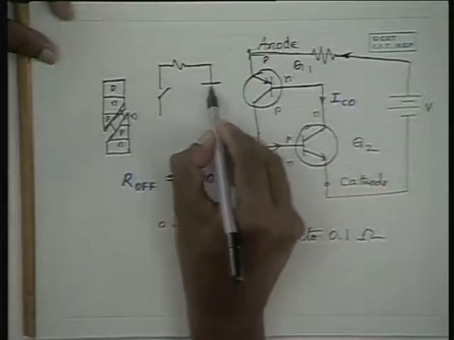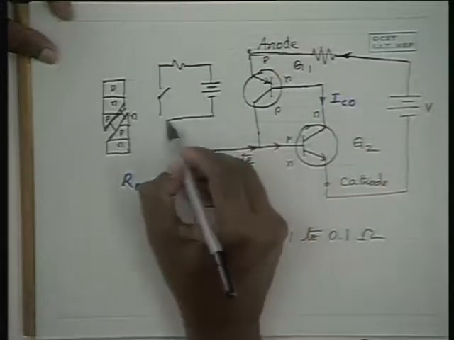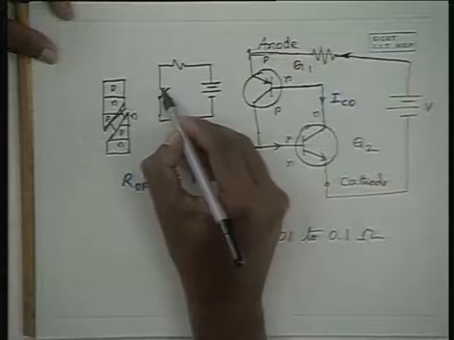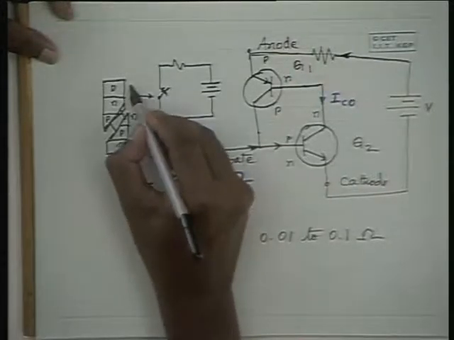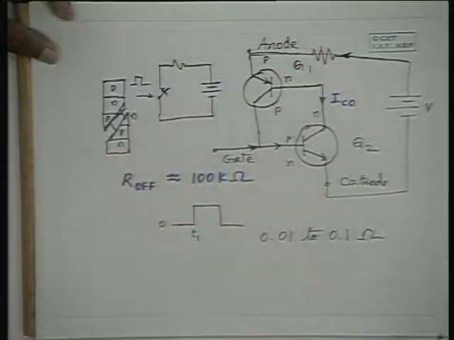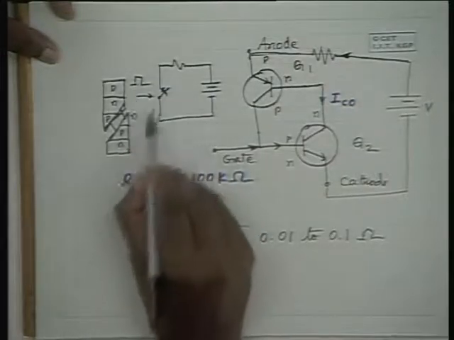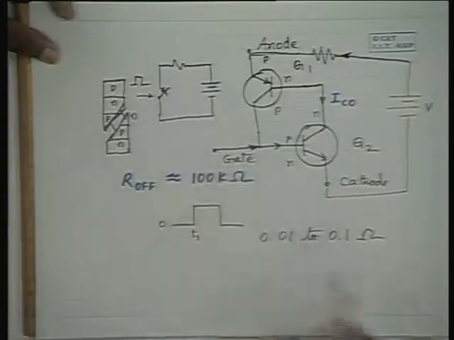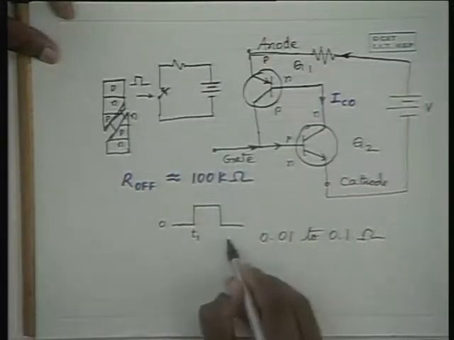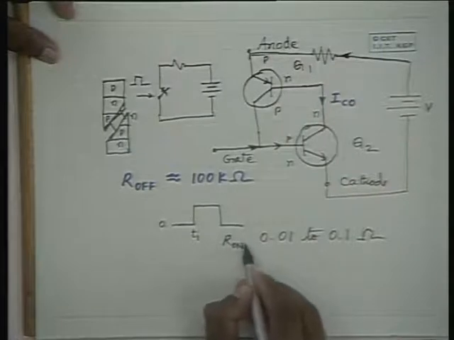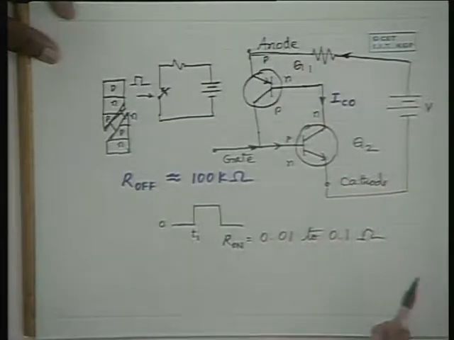The circuit is like this, and this is closed by a small gate potential of this type, a positive potential of this type when applied to the gate, so it switches on. So R off is this, and R on is of this order.